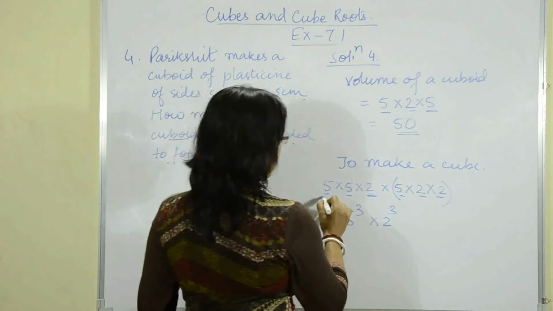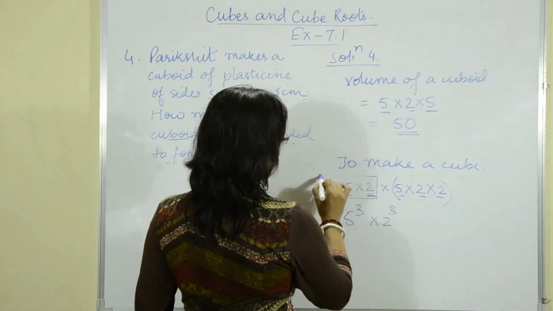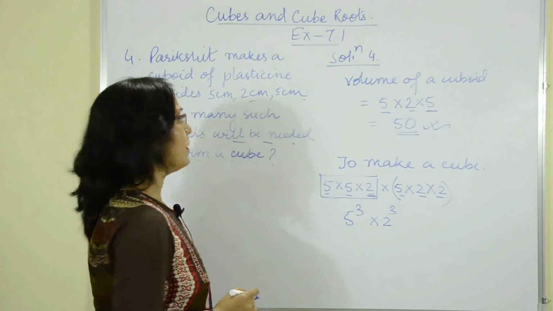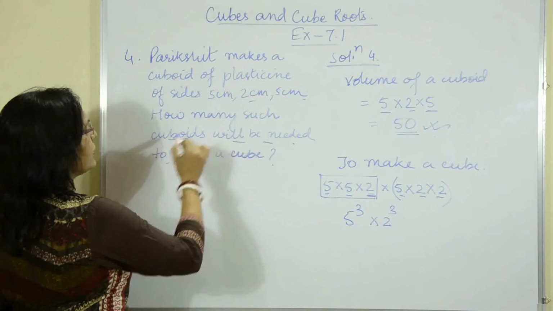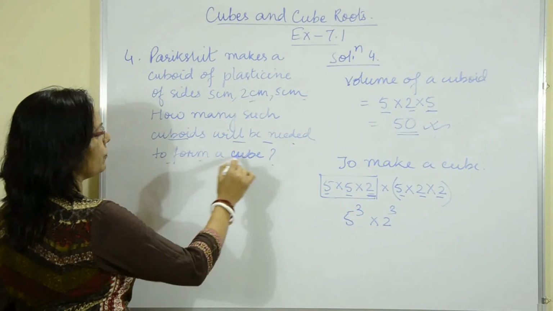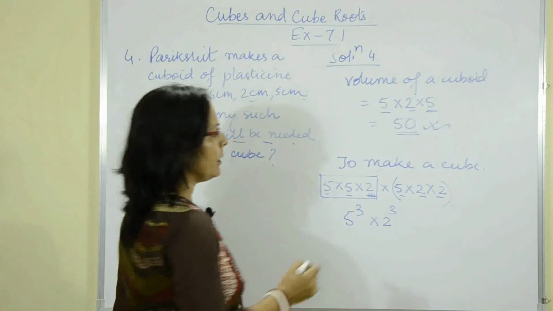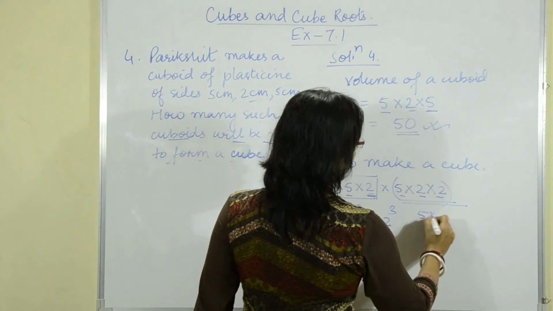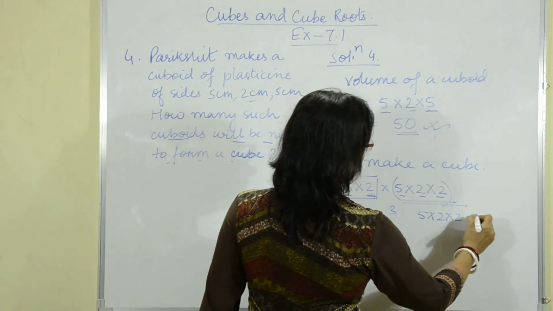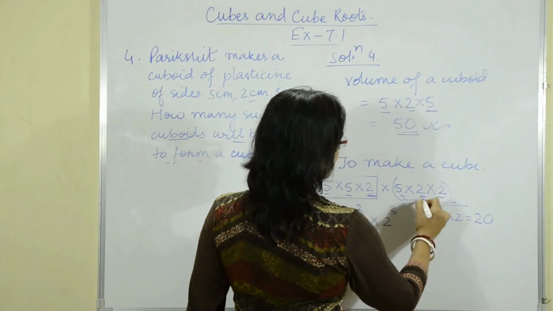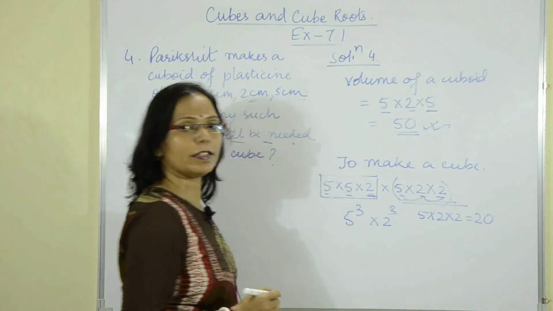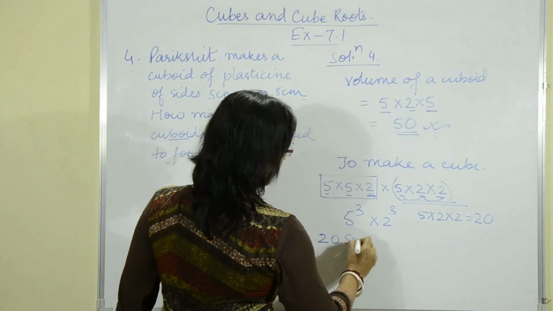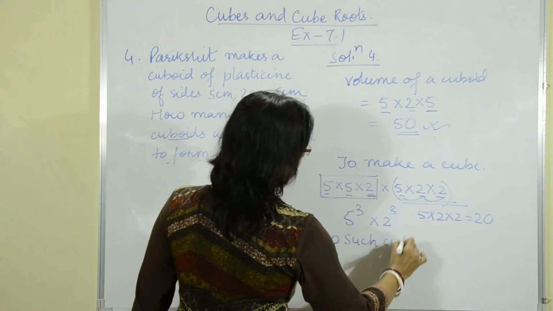So, this is the dimension of the cuboid where I get 50. Now, the question is how many such cuboids will be needed to form a cube. So, after multiplying 5 into 2 into 2, how much is it? It is 20, 5 into 2 is 10, 10 into 2 is 20. So, I need 20 such cuboids.